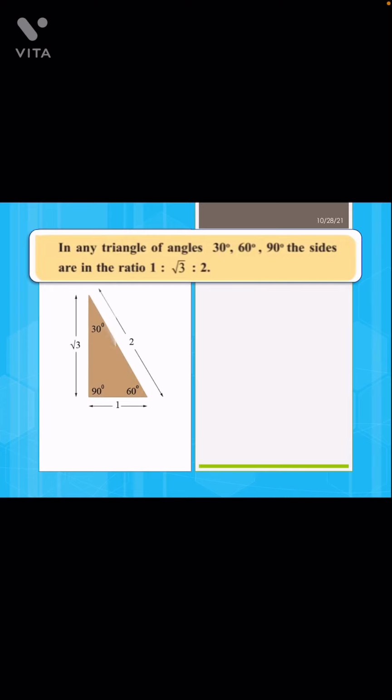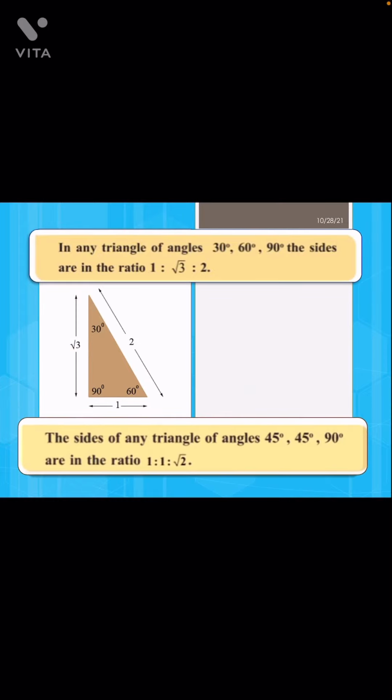That means when you are considering any triangle with the angles 30, 60 and 90 degrees, always their sides will be in the ratio 1, root 3 and 2. If the angles of a triangle are 45, 45 and 90 degrees, then the ratio will be 1, 1, root 2.